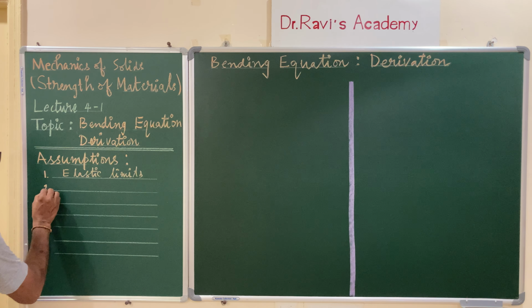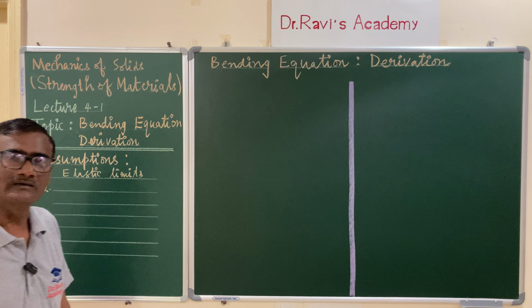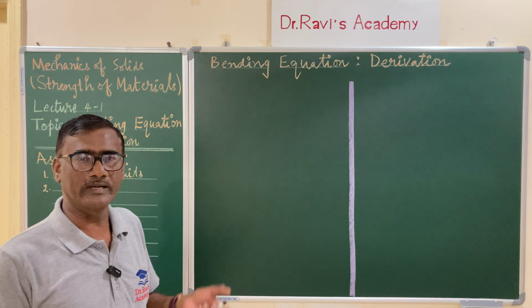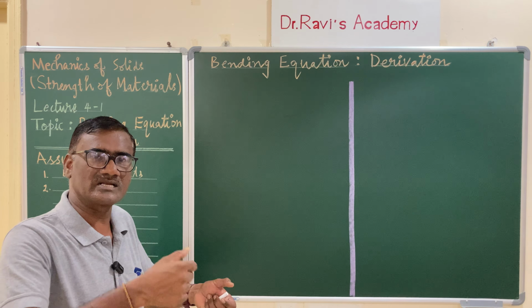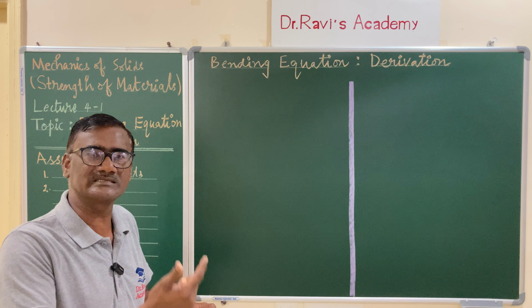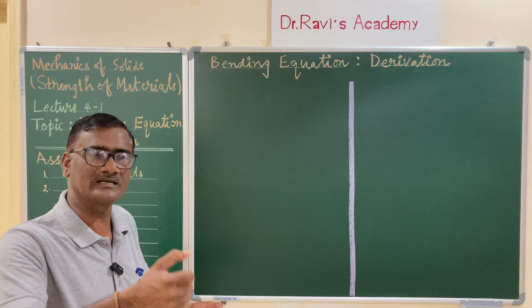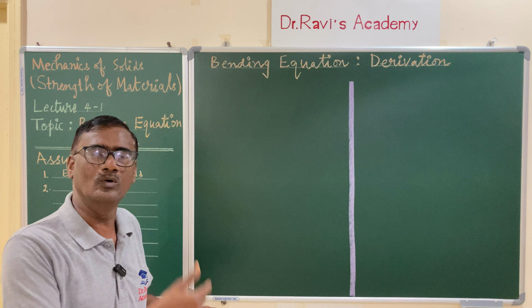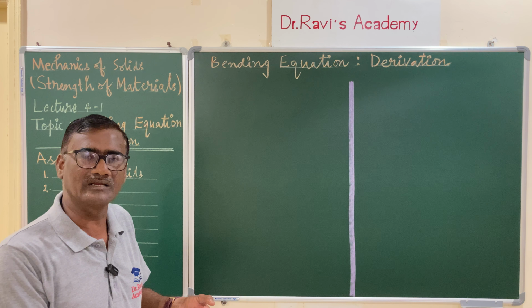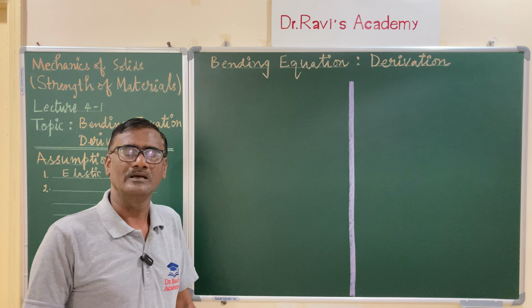The second assumption: when the beam is loaded, it is going to bend like a bow about the neutral axis. The stresses on either side will be tensile and compressive. In a simply supported beam, the topmost layer undergoes compression and the bottom is under tension. In a cantilever beam, the top is under tensile stress and the bottom is under compression.